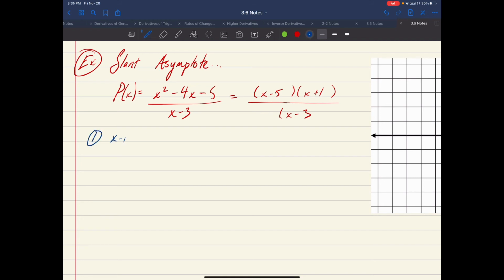So the x-intercepts. Again, the x-intercepts are what makes the numerator 0, and in this case, it's x equals 5 and x equals -1. Second, what's the y-intercept? The y-intercept is found by saying p of 0. So p of 0 is 5/3.